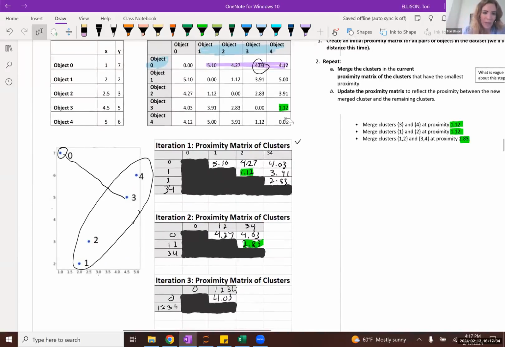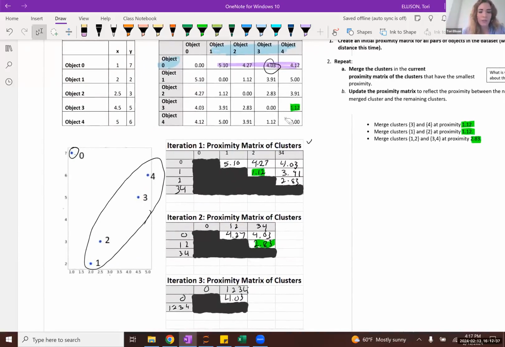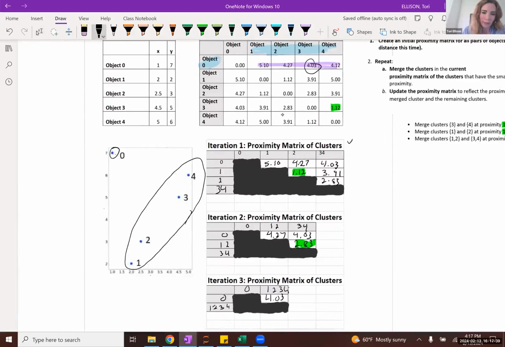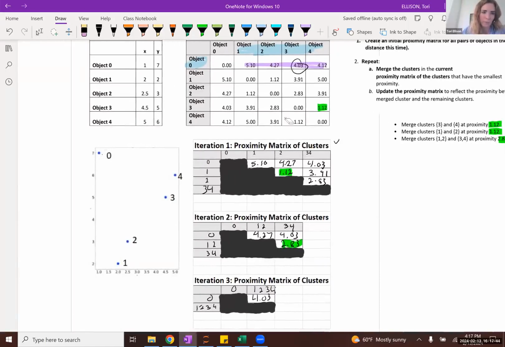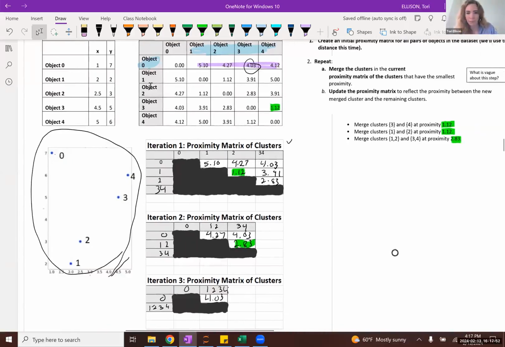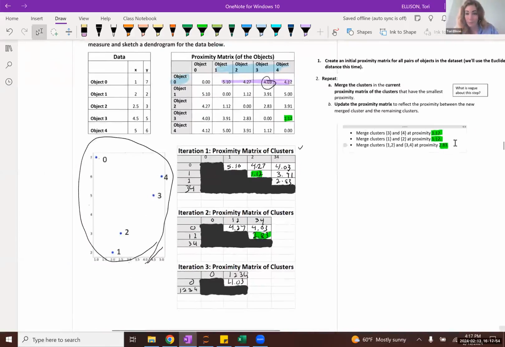And because we only have two clusters left, the final step of the algorithm is to merge those two clusters. So cluster 0 and cluster 1, 2, 3, 4 merge together at the proximity between them, which is 4.03.